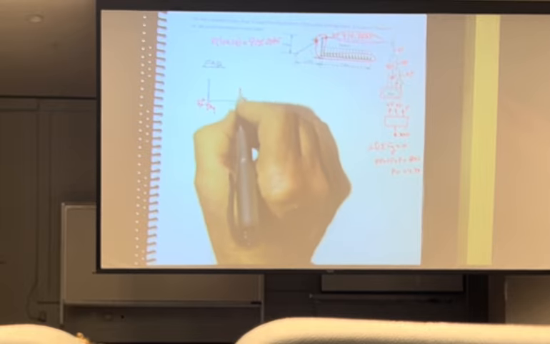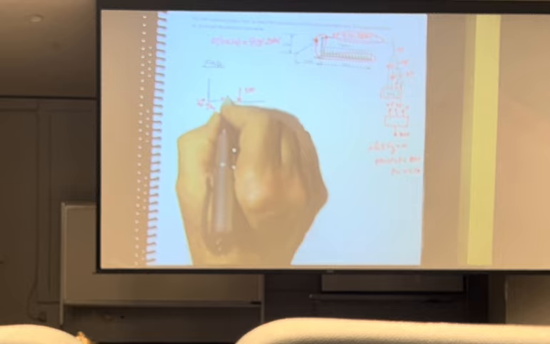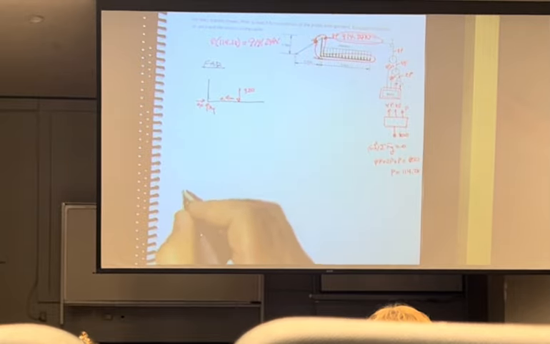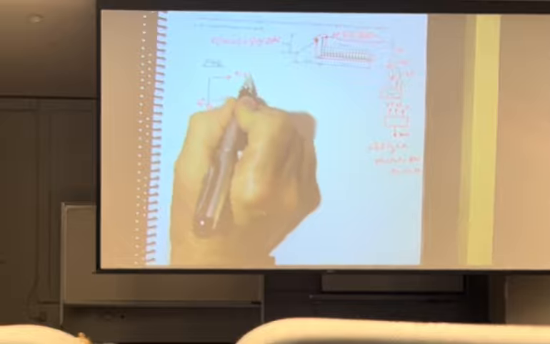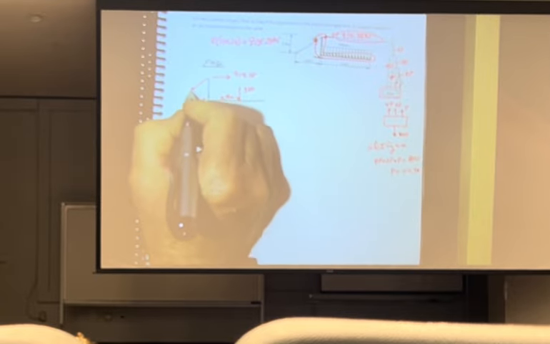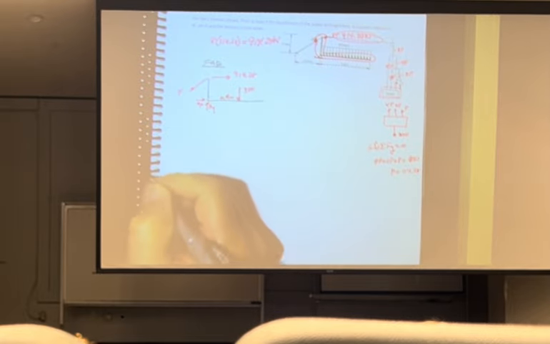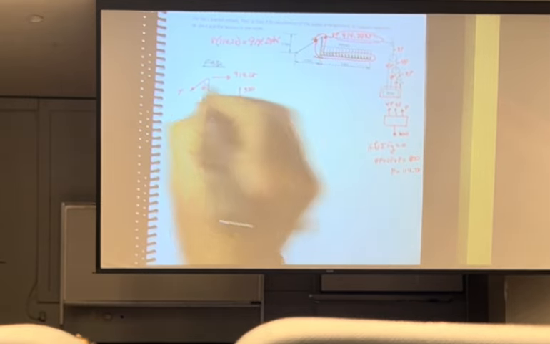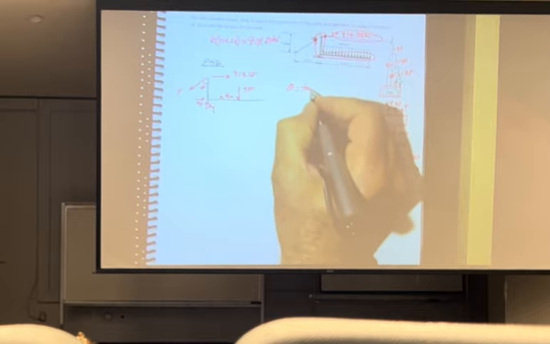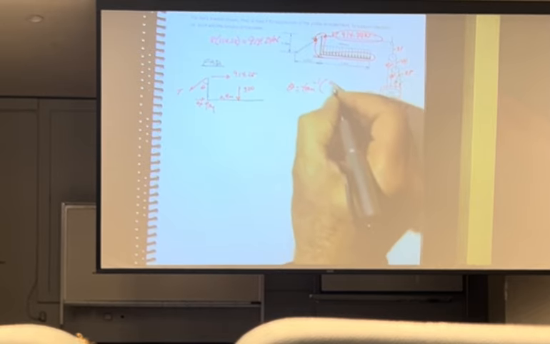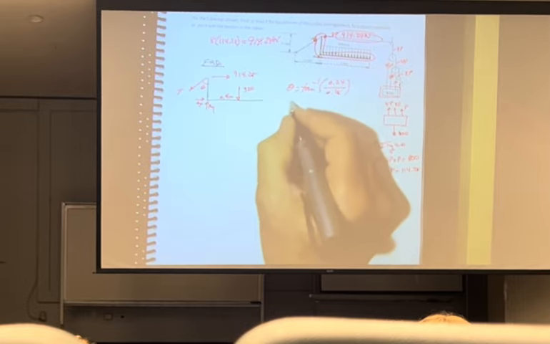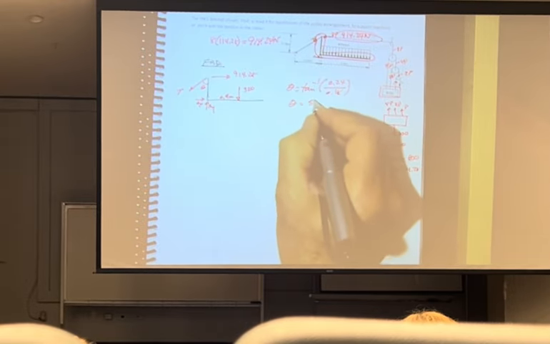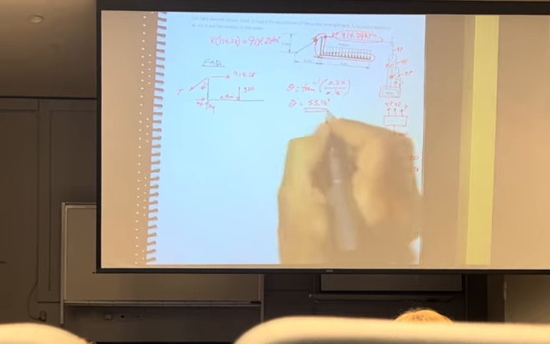I have a single force resultant, which is 320 acting 0.4 meters. I have a cable here that's going to the pulleys, 914.28. And I have a cable here, which I'm going to call T. And this angle is theta. Theta, if you look at the geometry, is tangent inverse of 0.24 over 0.18. It's a 3-4-5 triangle. Theta is equal to 53.13 degrees.